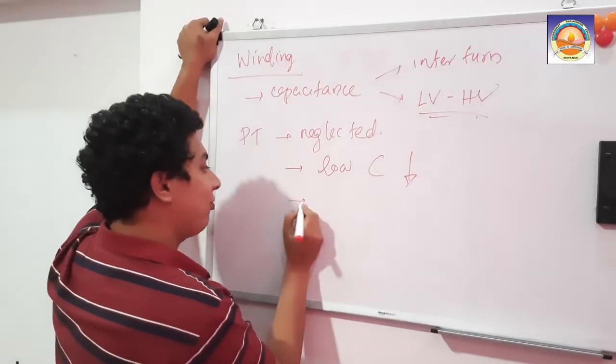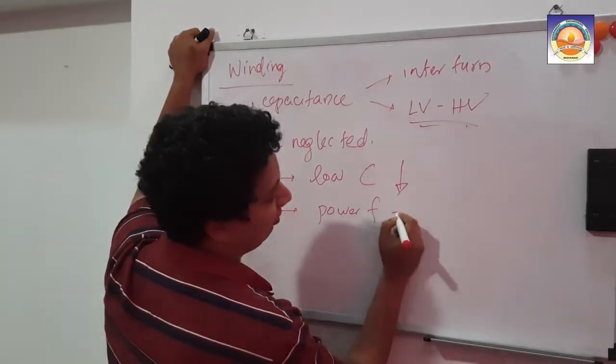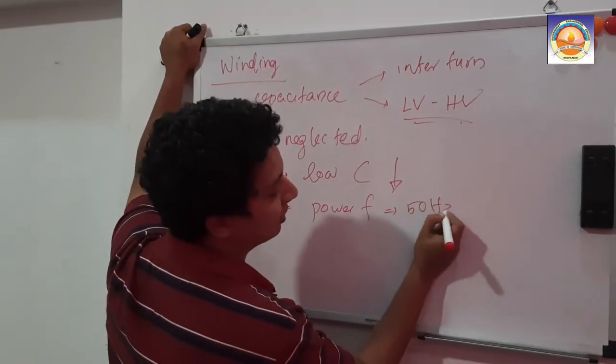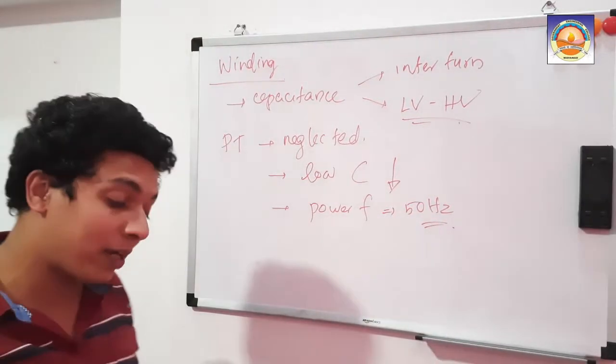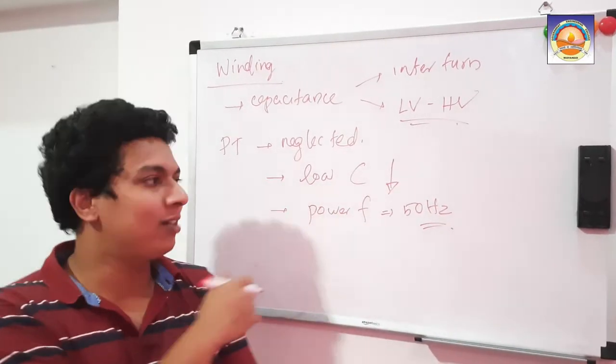Another reason is that we are operating our transformers at what frequency? At our power frequency, means at 50 hertz, right? When we are operating at 50 hertz, what is the reactance value?